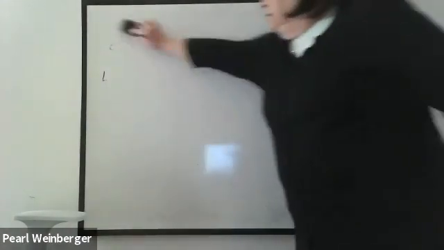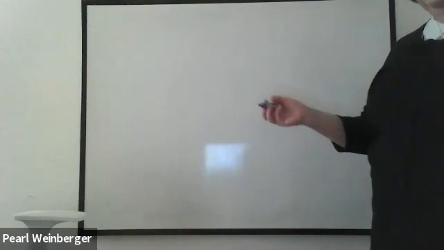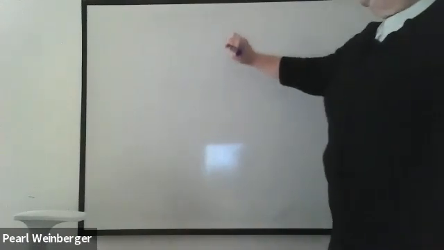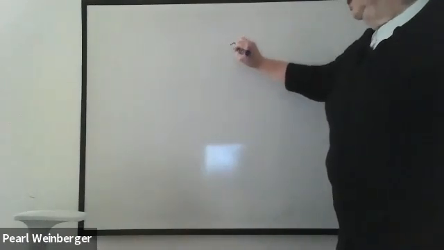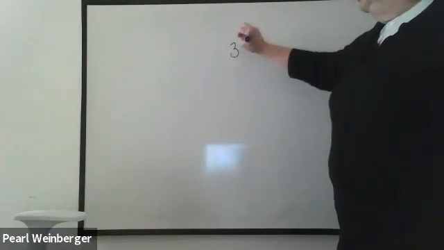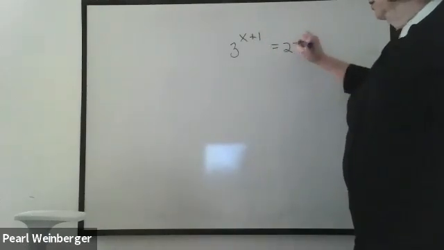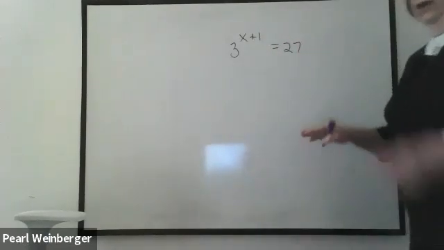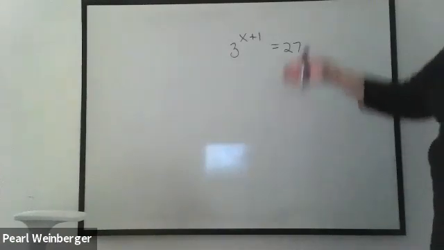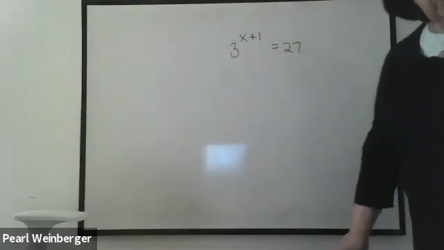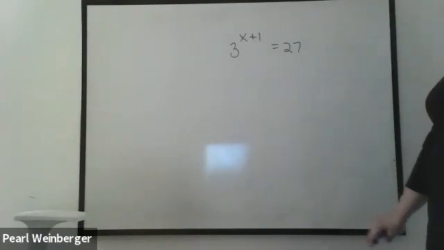One of the things that we like to be able to do is to solve what's called an exponential equation. Here's an example: suppose I tell you I have 3 to the x plus 1 equals 27. It's called an exponential equation because our variable is in the exponent.